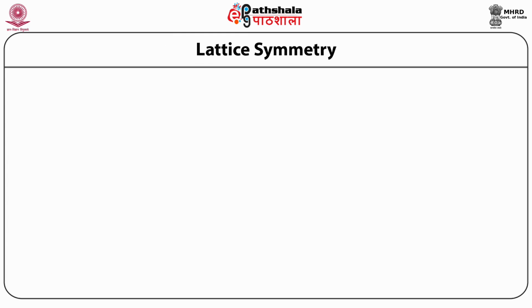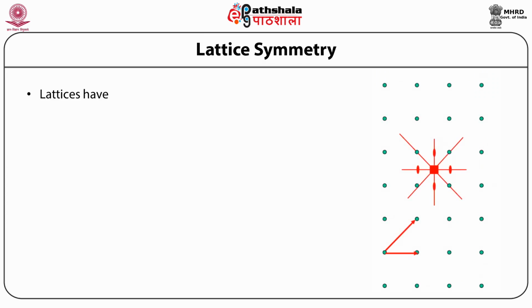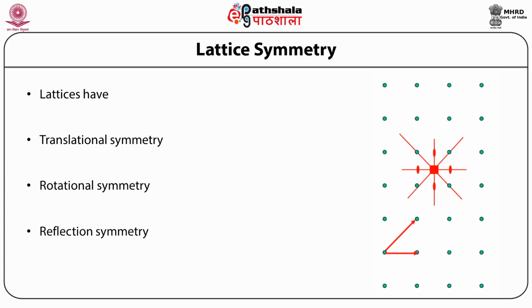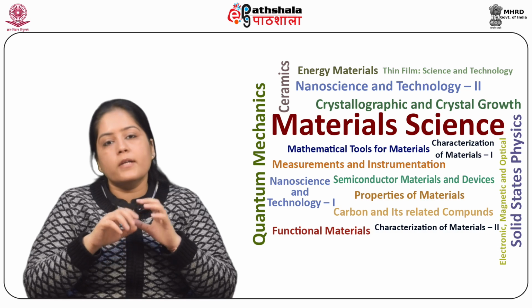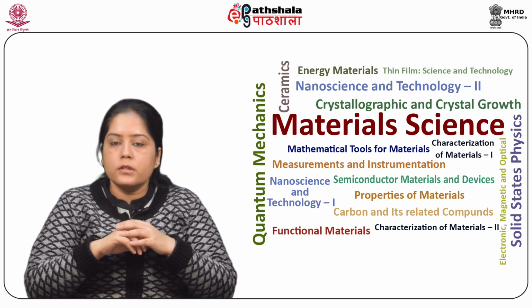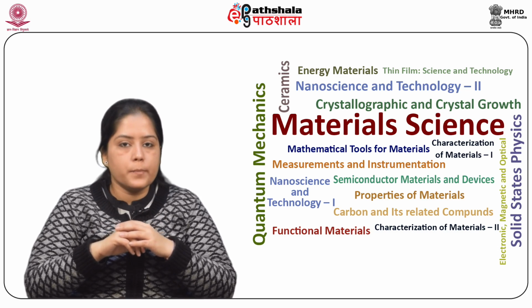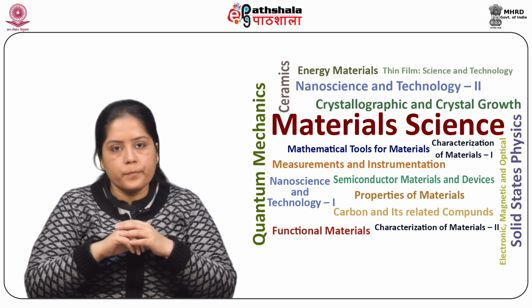Lattice symmetry. The lattices typically have the following symmetry elements, as shown in the figure. First is translational symmetry, second rotational symmetry, and third is reflection symmetry. Now let us discuss the point and space groups.